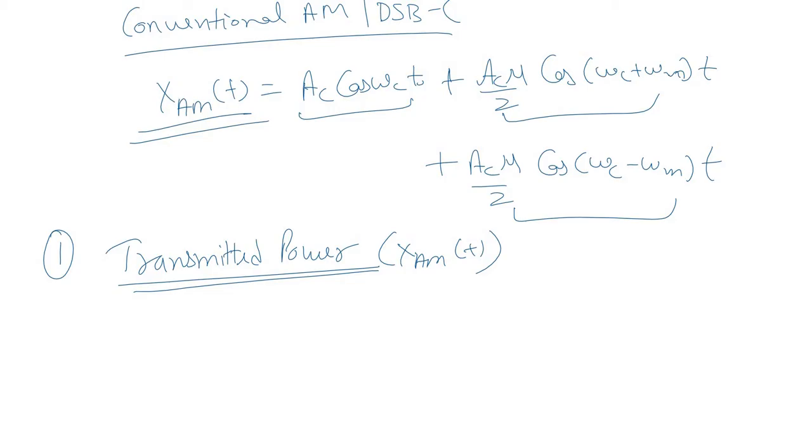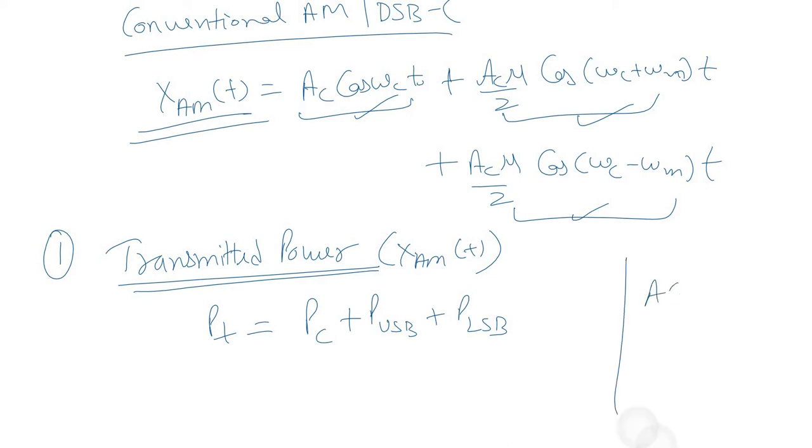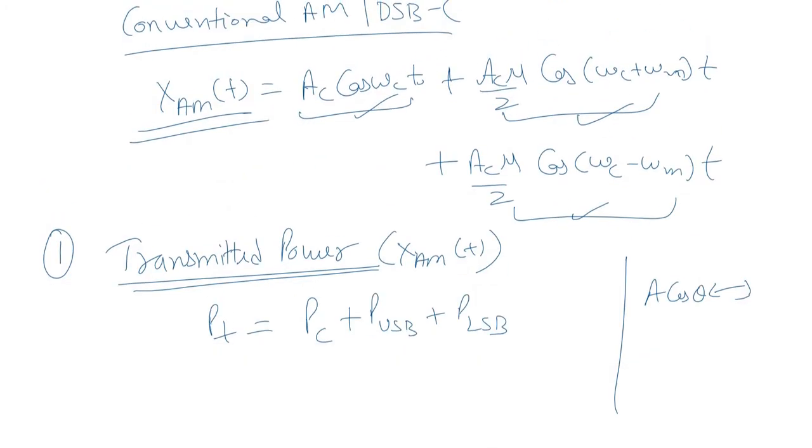So the total power PT will be equal to the power required for the three components. All the three components are sinusoidal signals. So we know that the power of a sinusoidal signal, for example A cos theta, is A squared by 2. This is the power of a sinusoidal signal.